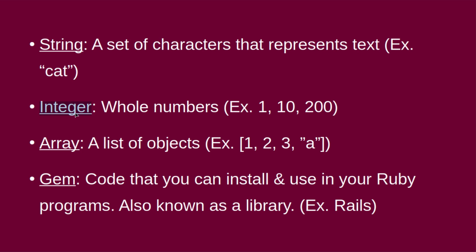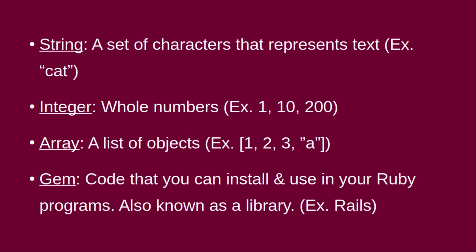Then we have integers. So if strings represent text, integers represent numbers, but numbers in the mathematical sense. That's the difference between having a number inside a string and having an integer. An integer means that you can actually do math. You can make calculations.